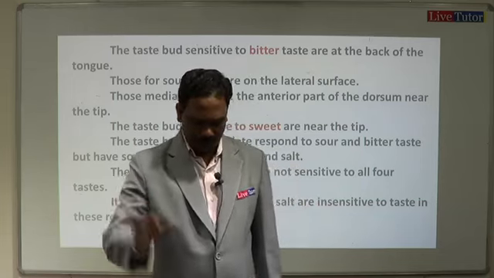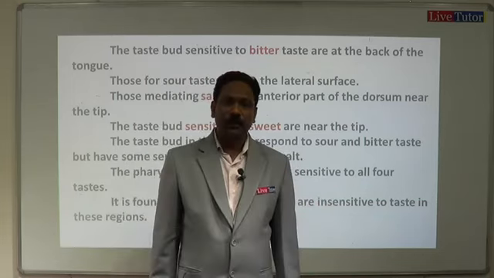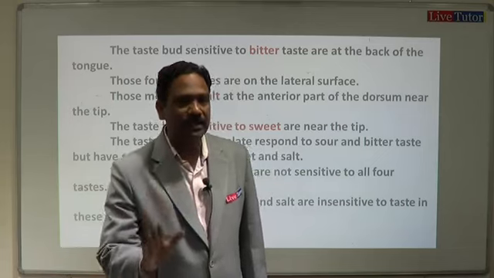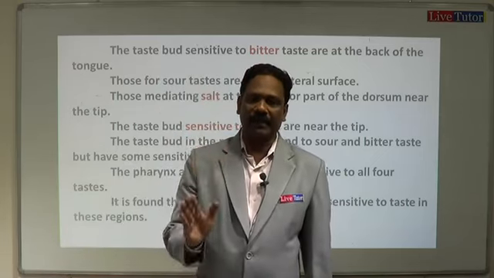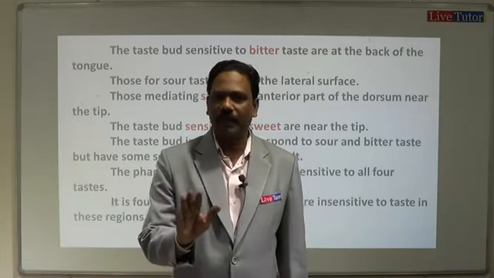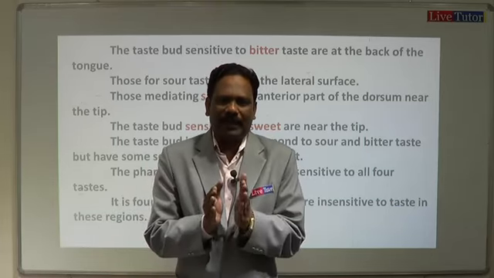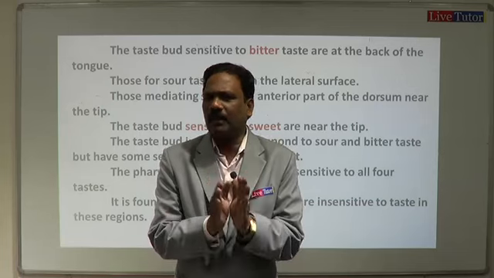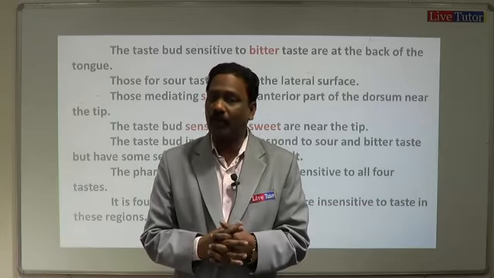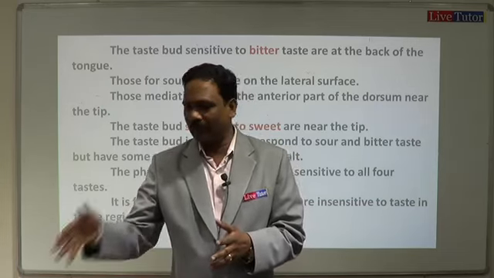Then three more questions. What is ureotelism? Ureotelism is one of the adaptations seen in terrestrial animals, especially animals that live on land, and semi-terrestrial animals. Why? Because of the shortage of water. Some frogs and other animals live inside the water.